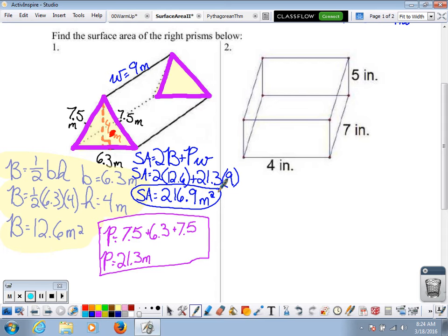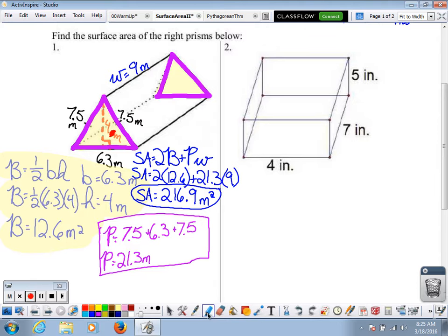All right, let's look at number 2. What shape do I have on number 2? What do I call that? What am I going to call that, Dylan? A rectangular prism. Very good. So, I need to pick 2 identical faces to be the bases. Well, Dylan, what do you want to pick? Front and back. Works for me.